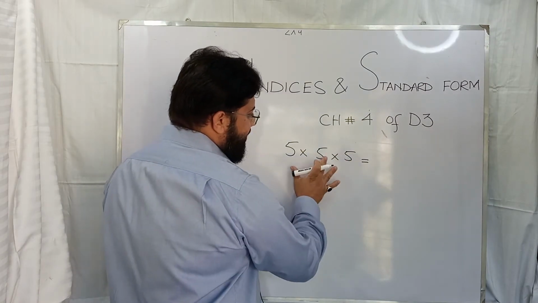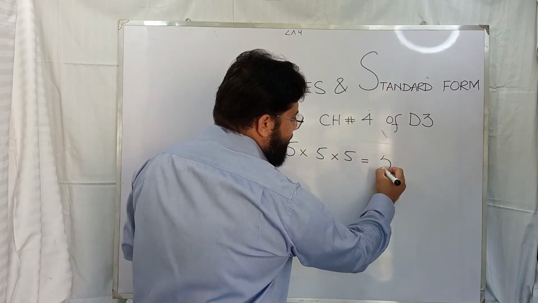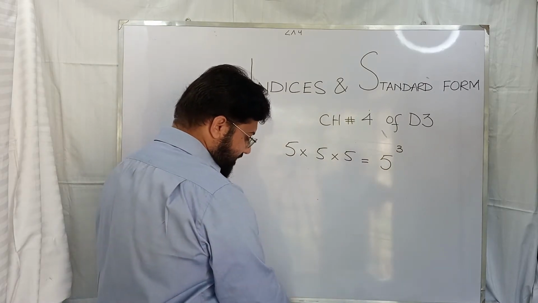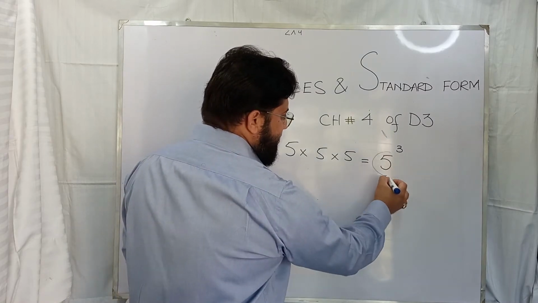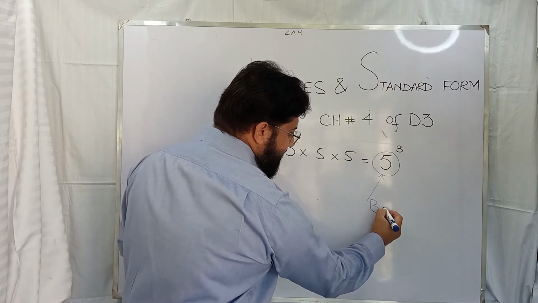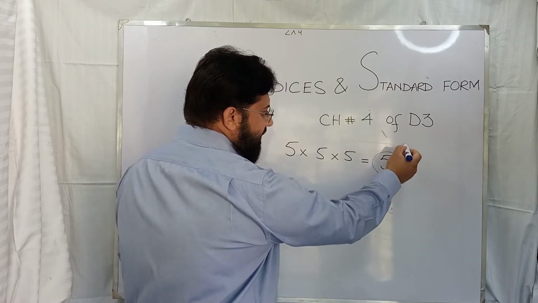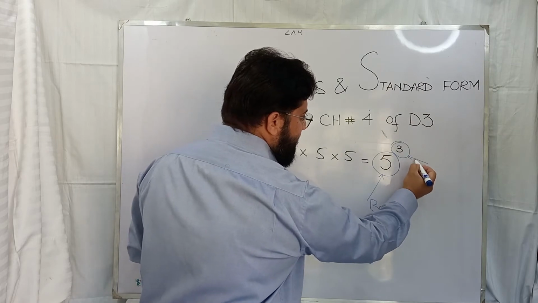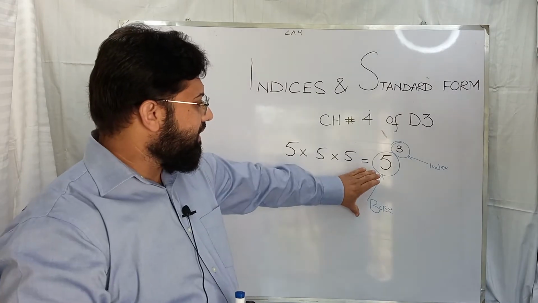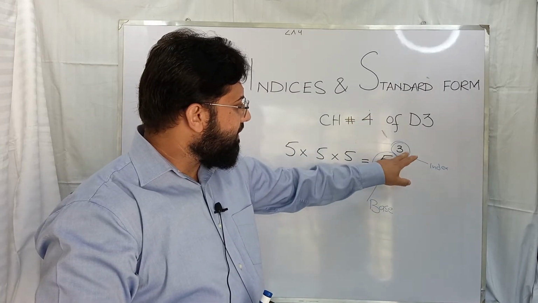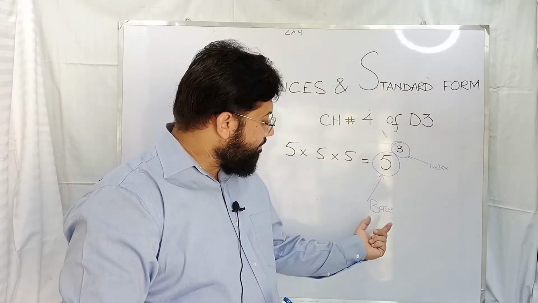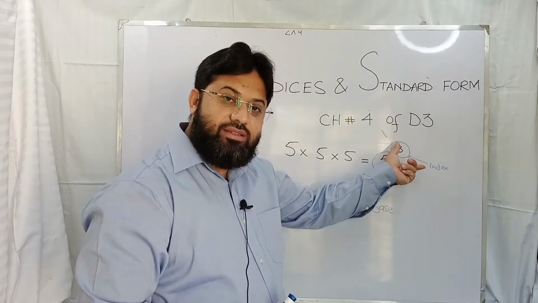Scientists said that instead of writing in this way, why not write 5 to the power 3? Over here, if we further dissect this value, this 5 is called the base, while this power is called the index. It shows that the base is going to multiply index times.